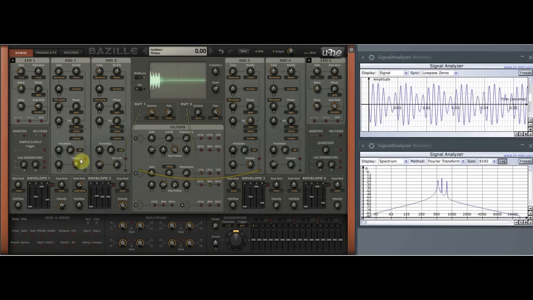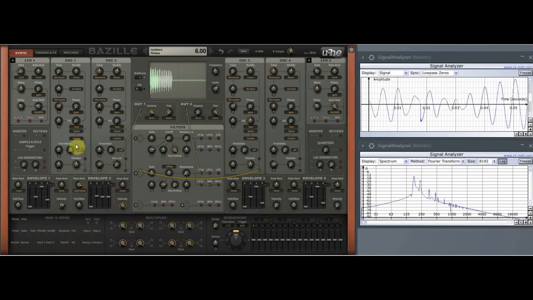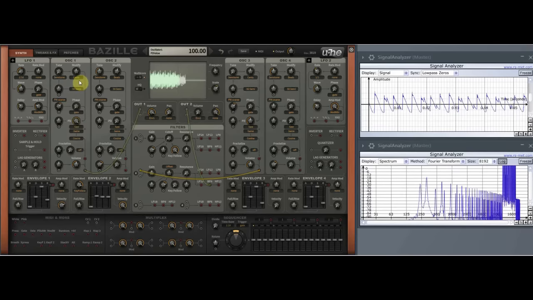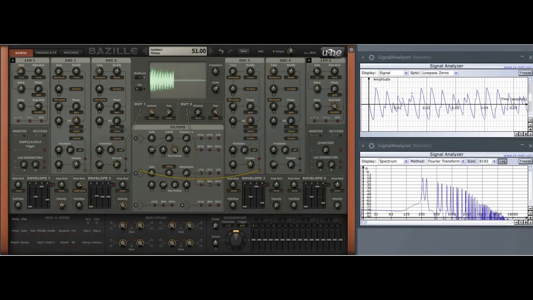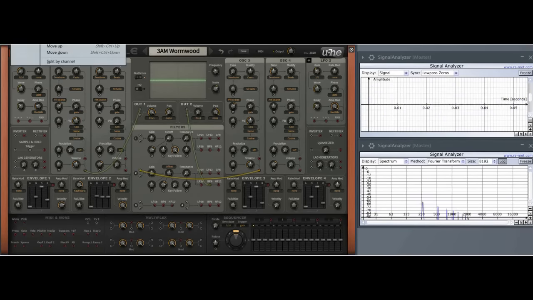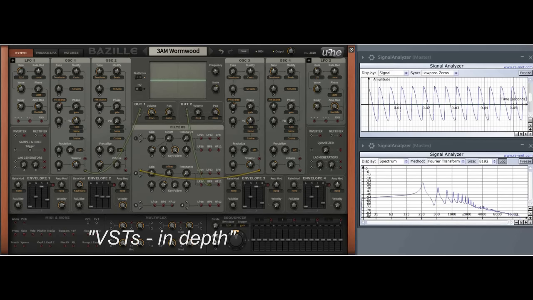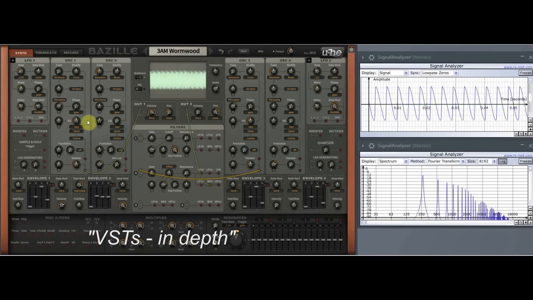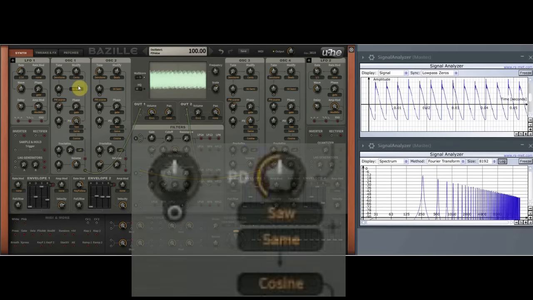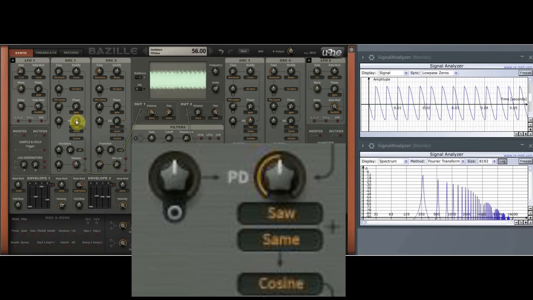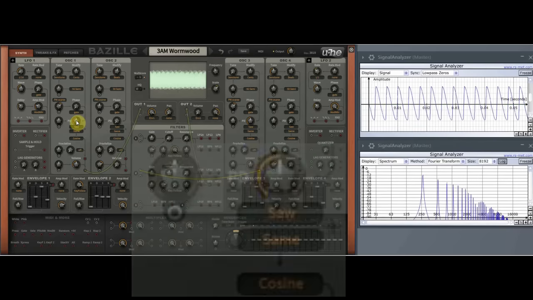There will be more about the phase distortion of Bazille in later videos, and there may even be a detailed explanation of phase distortion in general and the phase distortion functionality of Bazille in particular on my channel VSTs in depth, but here it shall be sufficient to say that the two small selectors under the PD knob offer alternating phase functions.